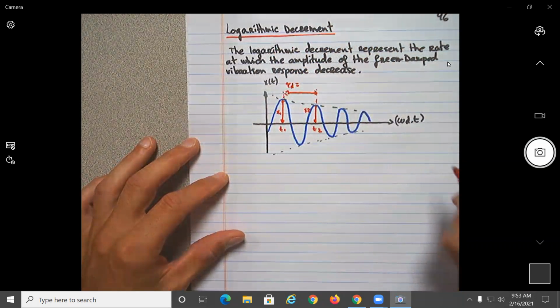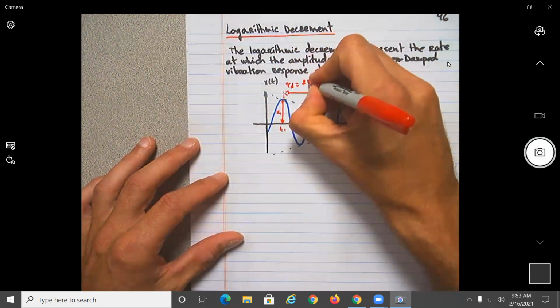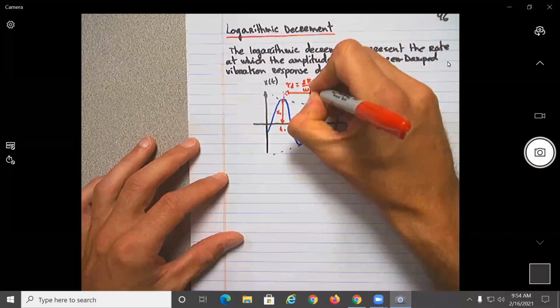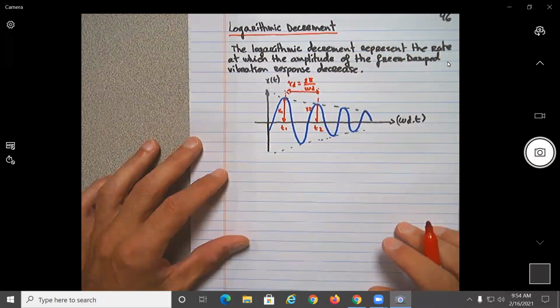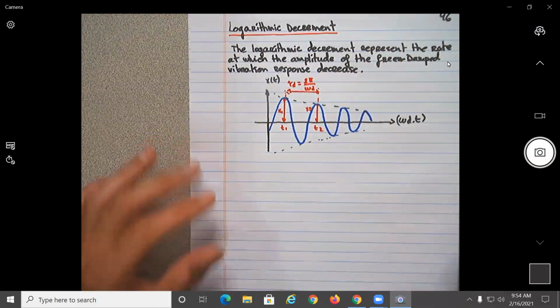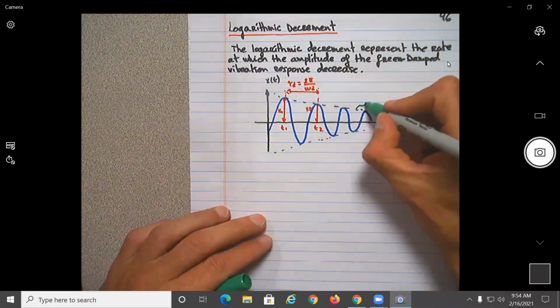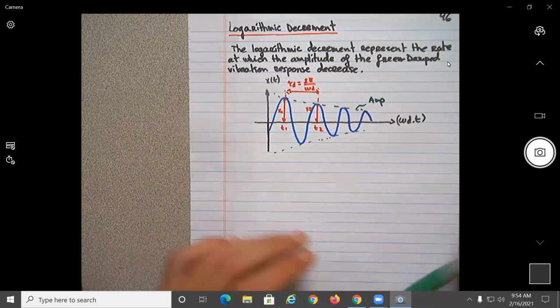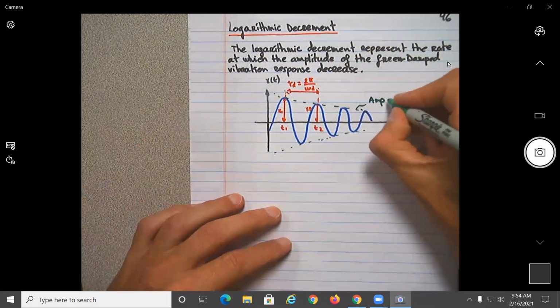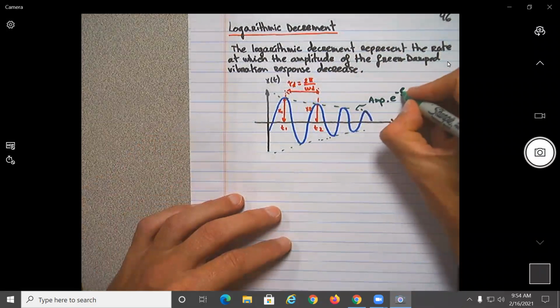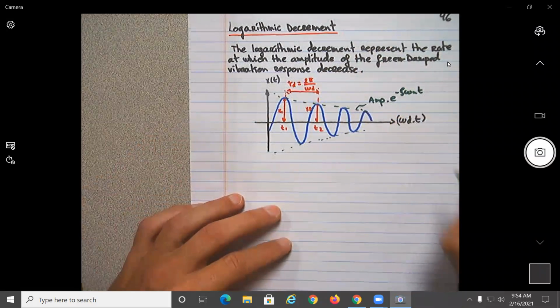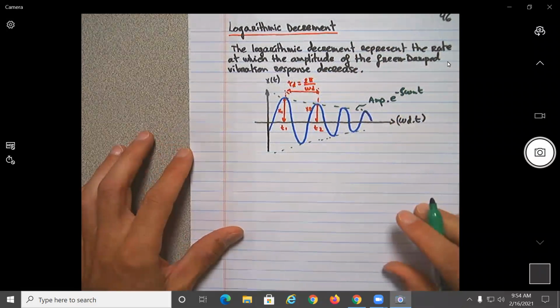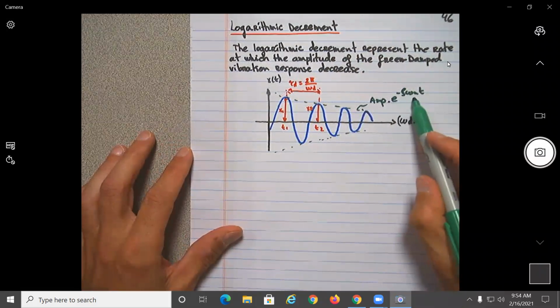The damped period will be equal to 2 pi divided by omega sub d. And I think I already said on the last figure, this line over here is the magnitude of the amplitude as given by the exponential of negative damping ratio times natural frequency times t.